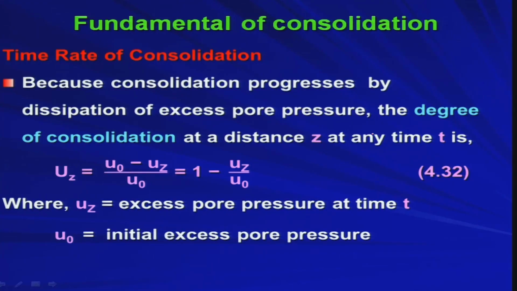Because consolidation progresses by dissipation of excess pore water pressure, the degree of consolidation at a distance z at any time t is given by U_z, the degree of consolidation. If the degree of consolidation is 100%, the soil is completely consolidated. It is a progressive process starting from t equal to 0.